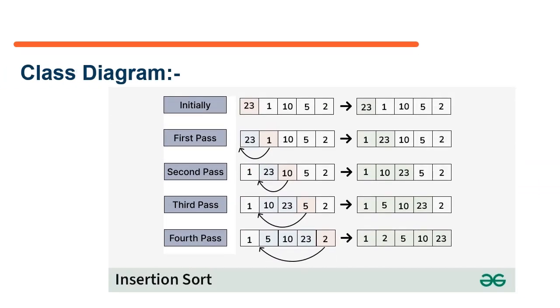So this is the class diagram. The class diagram shows how we can arrange the elements in order. Initially, there is a given data set in which we arrange the elements step by step. We take the first step.